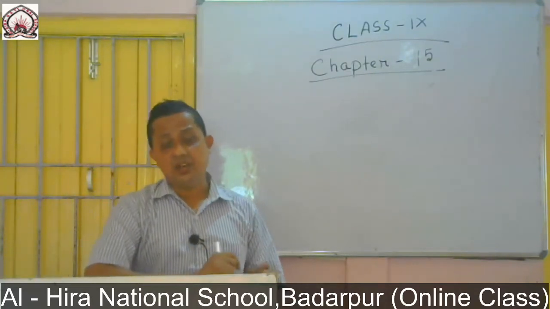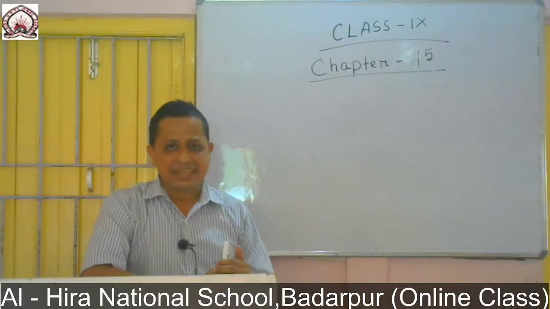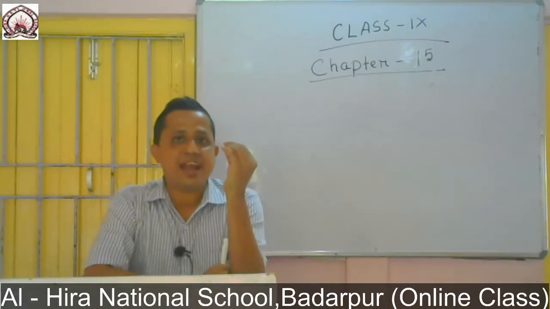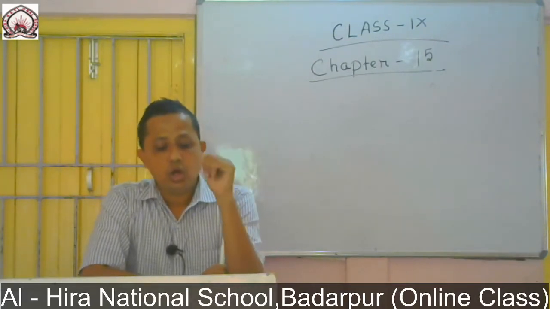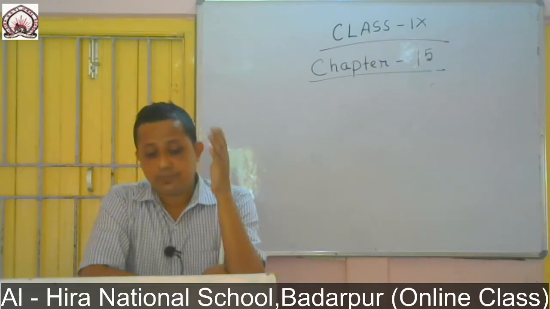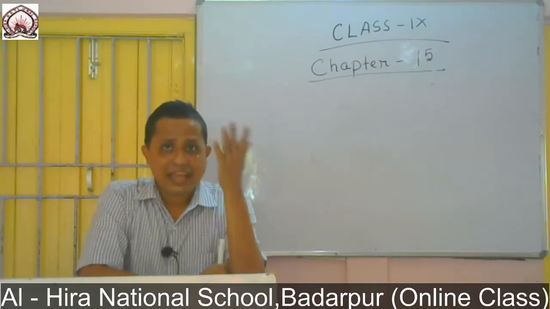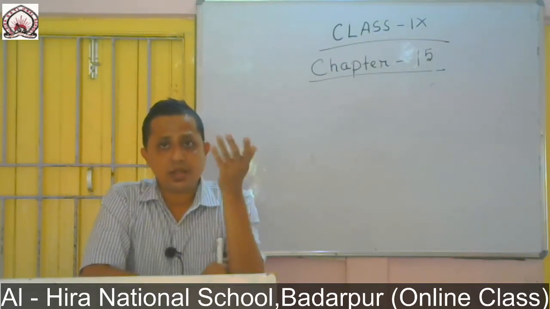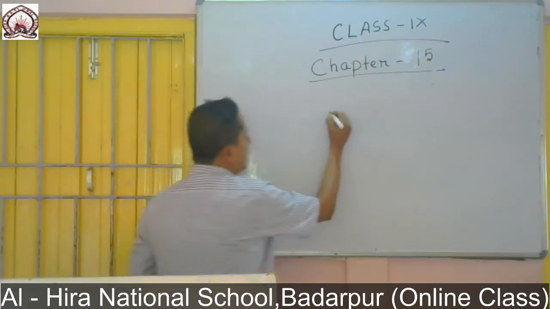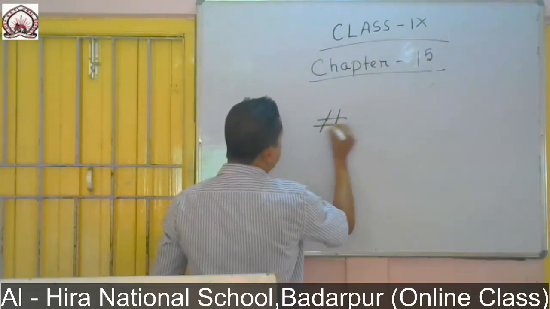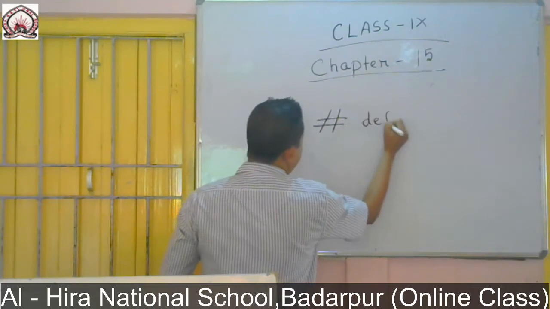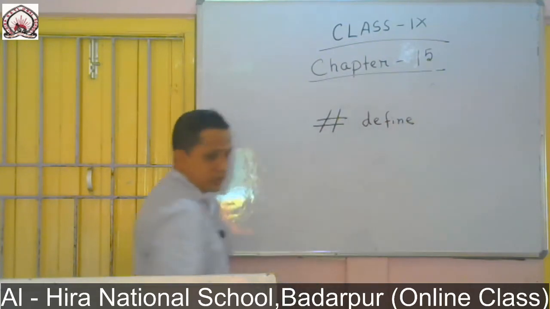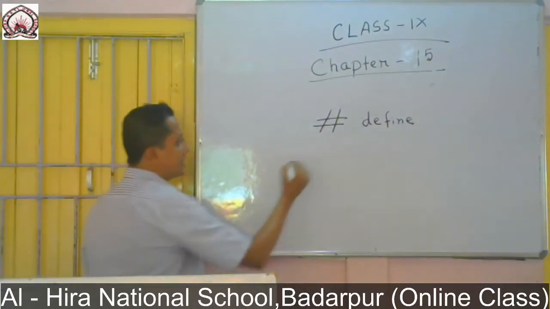Now, how can you define a constant? So basically, a constant can be defined using two keywords. One is #define, another is by using the const keyword.